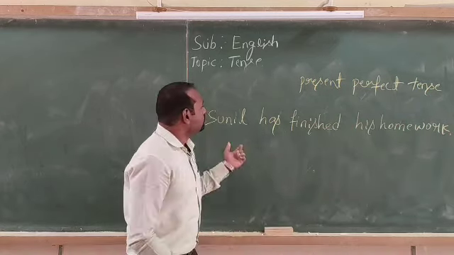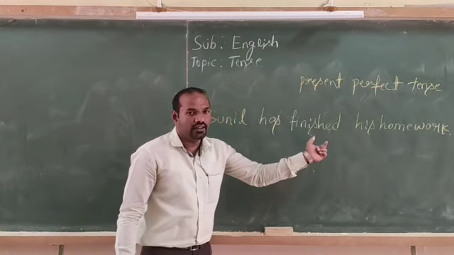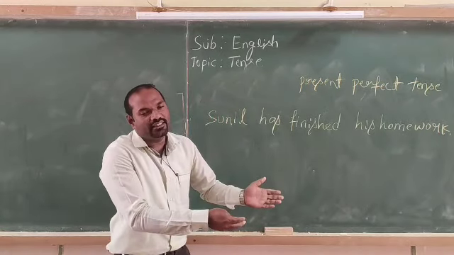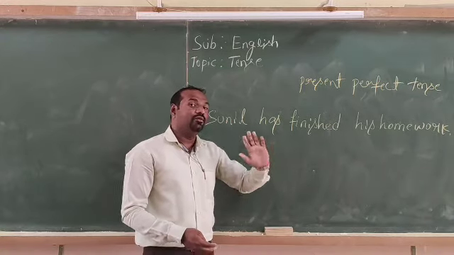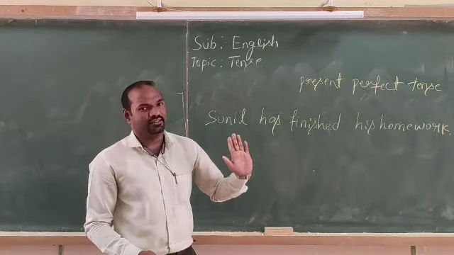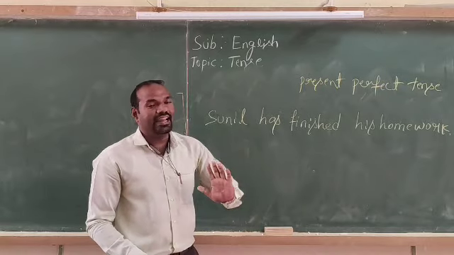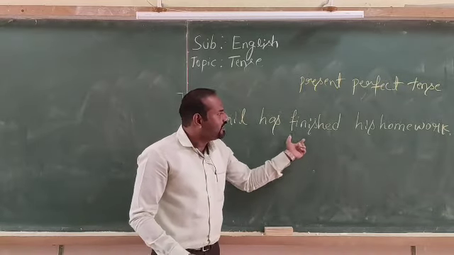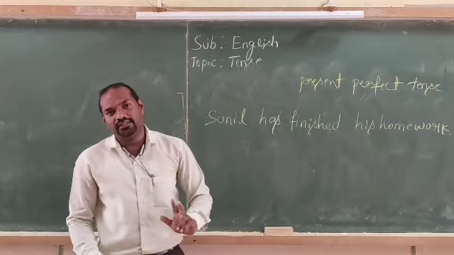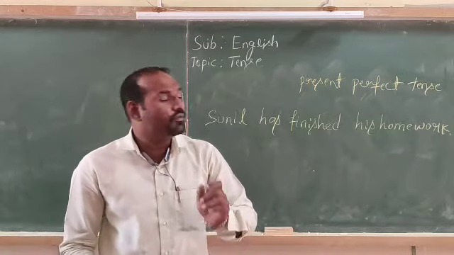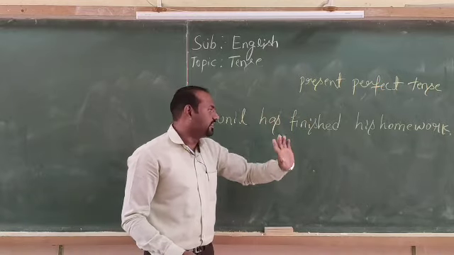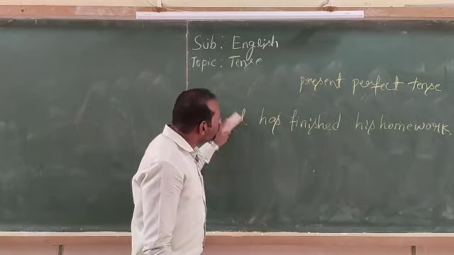Look here, Sunil has finished his homework, he just completed that action. Here there is no need to worry about when it was completed. It is just completed activities. To express this kind of situation, we use the present perfect tense. Let's get into more detail.